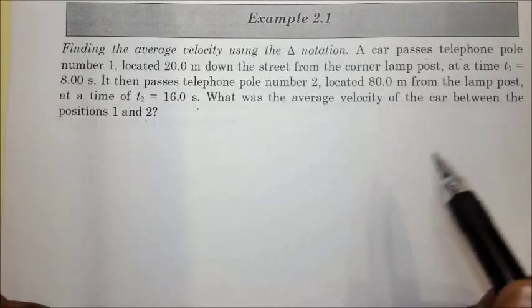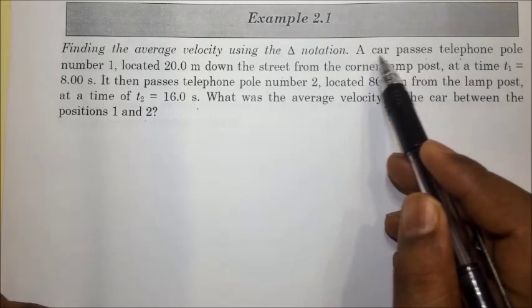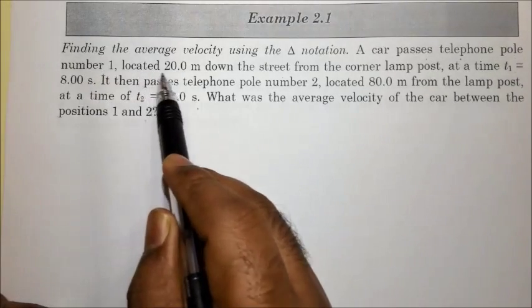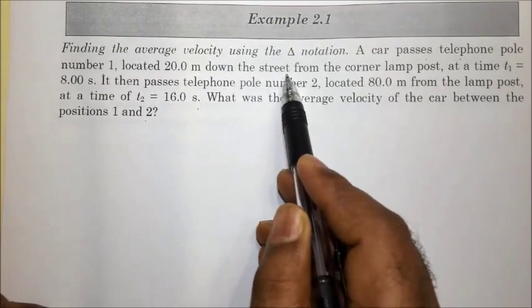So let's see again what it says. A car passes telephone pole number 1 located 20 meters down the street.